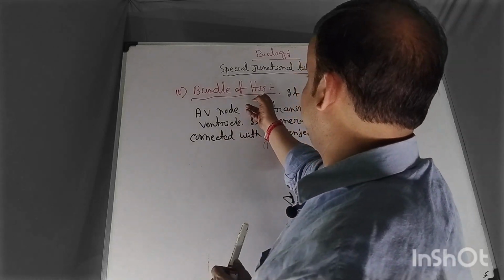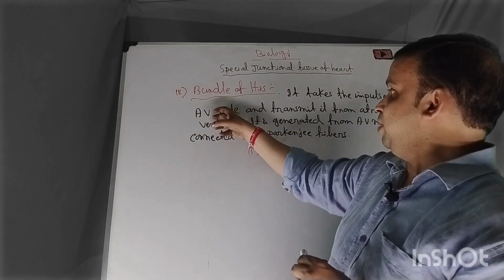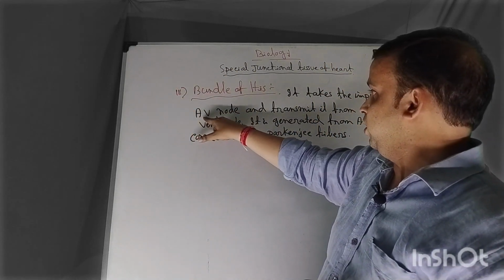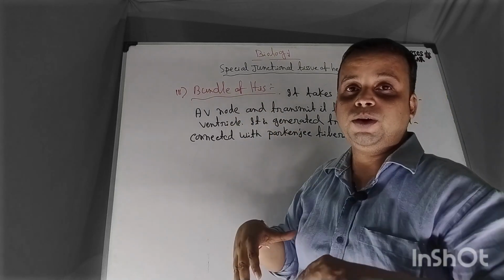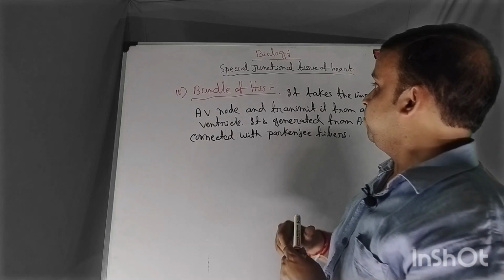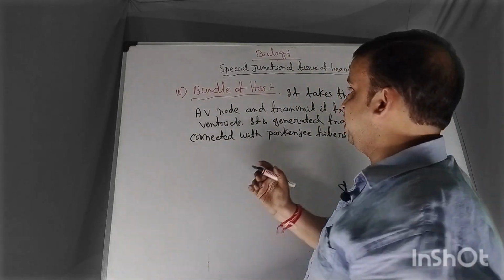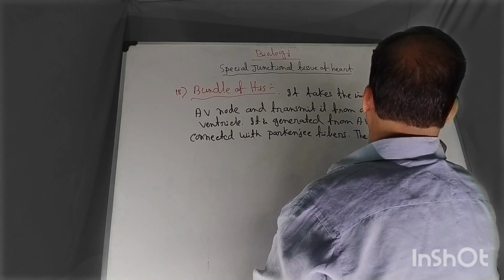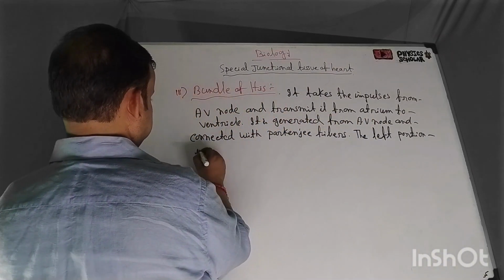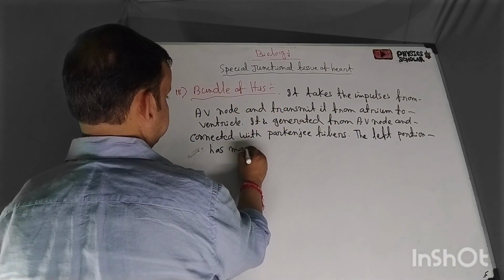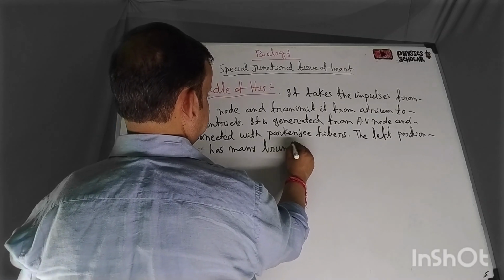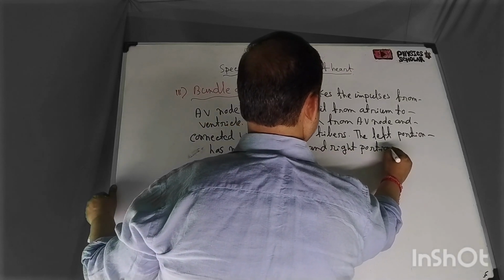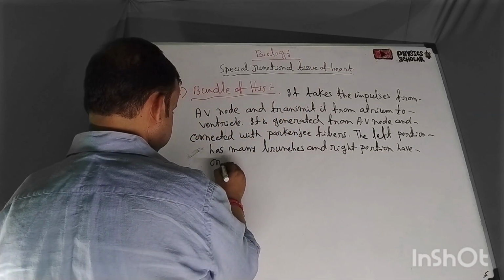So this bundle of His is a junctional tissue, and it will take the impulses from the AV node that I have just discussed and transmit them from the atrium to the ventricle. It also branches: the left portion has many branches and the right portion has one branch.